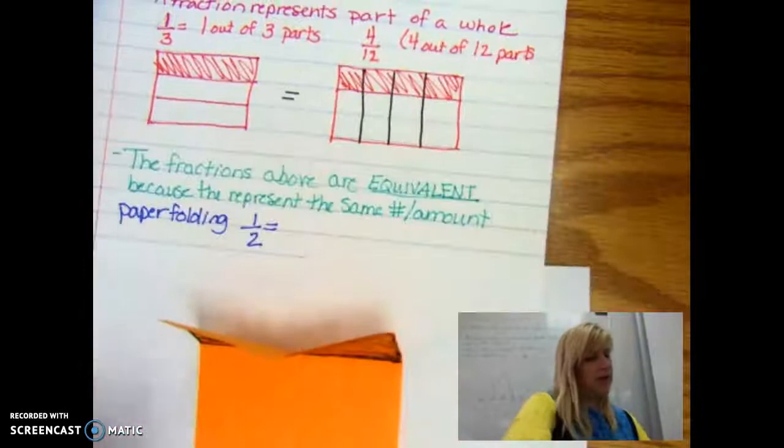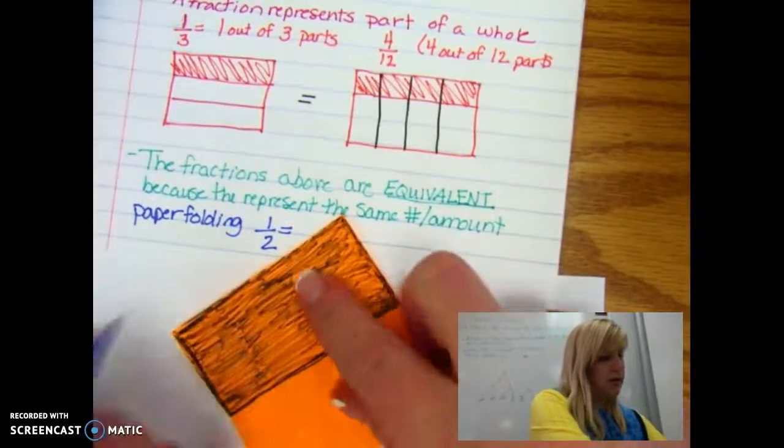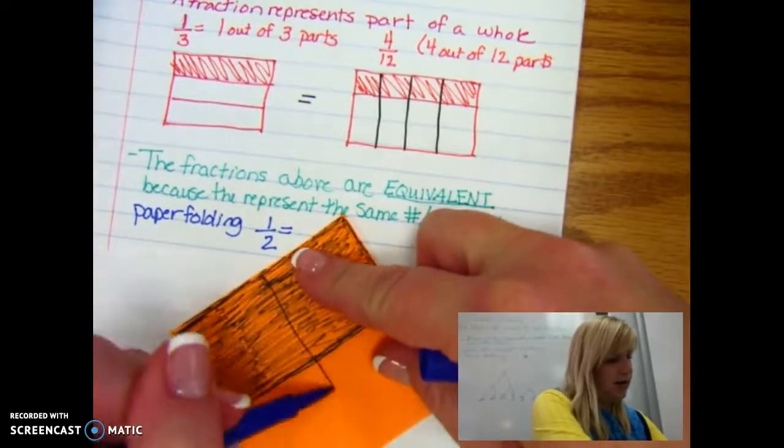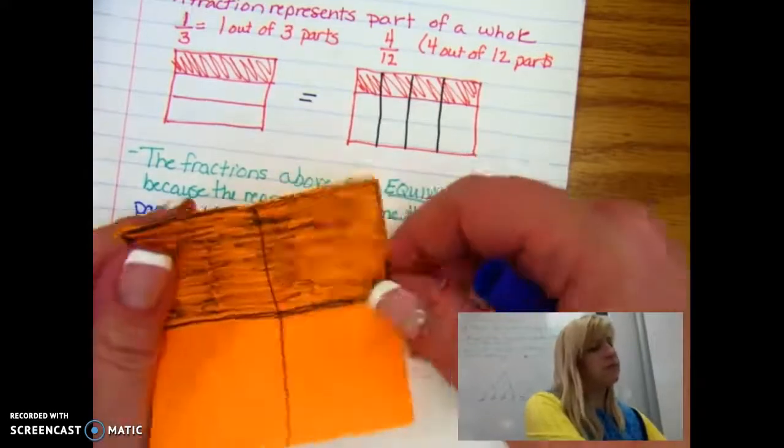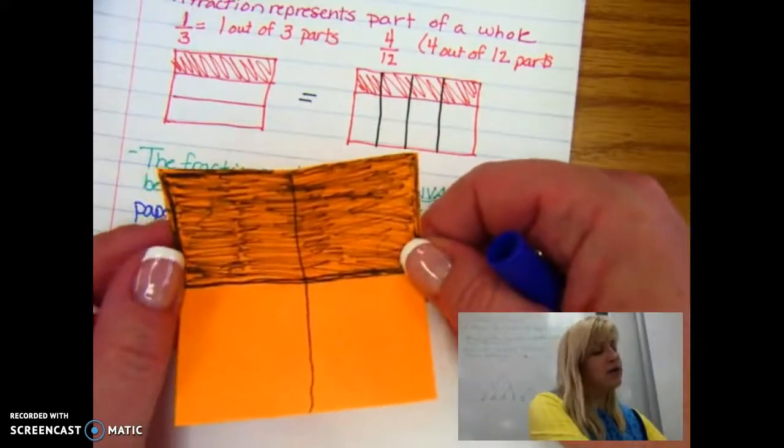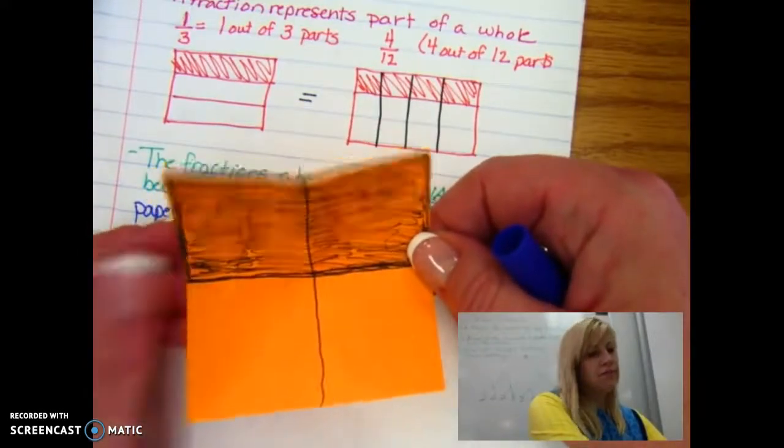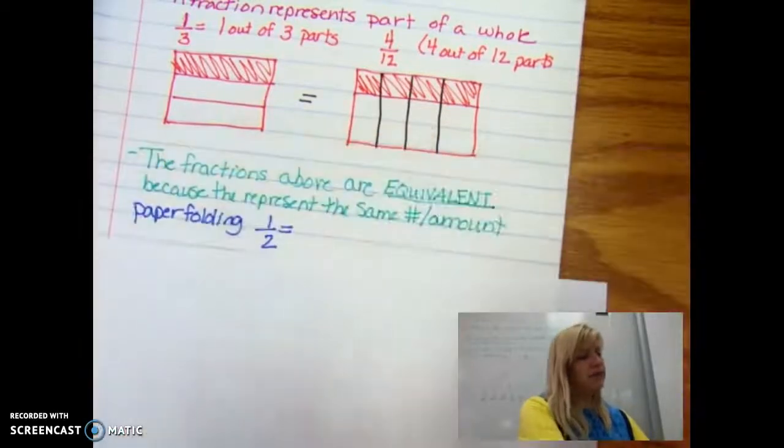Well, there's a line right through the middle, right here. Now I have 2/4. I didn't change the shading at all.